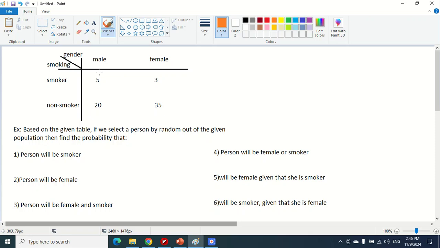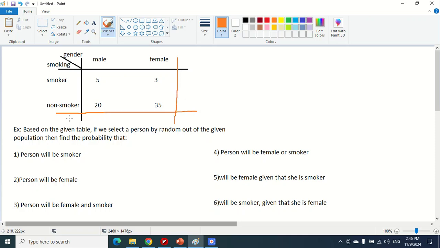We have 5 male smokers and 3 female smokers, and we also have 20 male and 35 female non-smokers. So based on this information, we have a population of people that we studied all of them. We want to answer some questions. Before we continue to read the question, I prefer to add the values to see how many persons we have in this study.